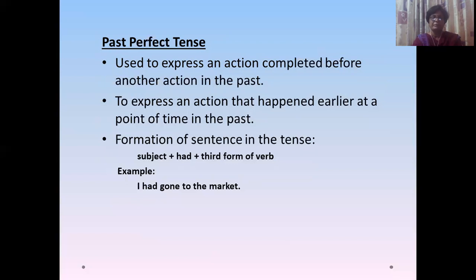Again, I'm dealing with the same sentence which I had given in the past indefinite tense: I went to the market. In past continuous, it was I was going to the market. Now in past perfect tense, we'll say I had gone to the market.